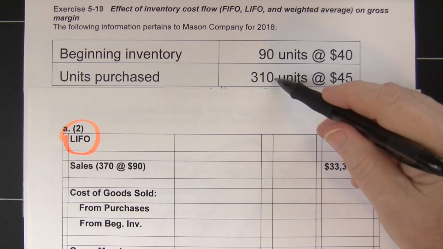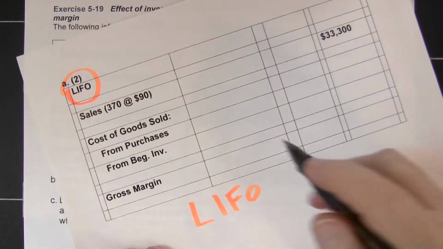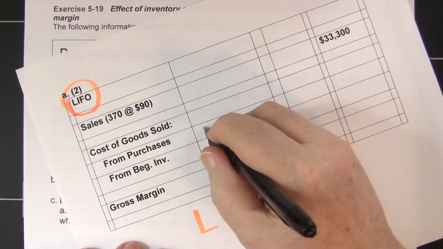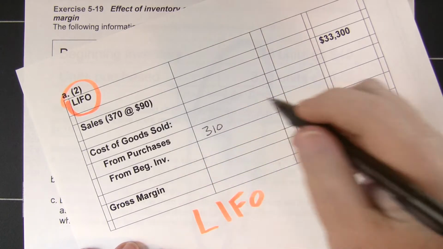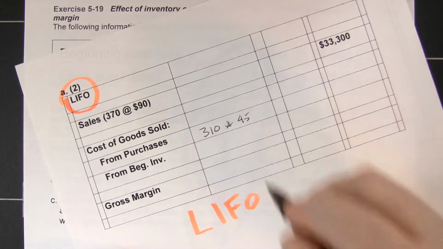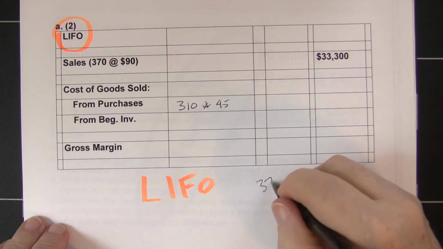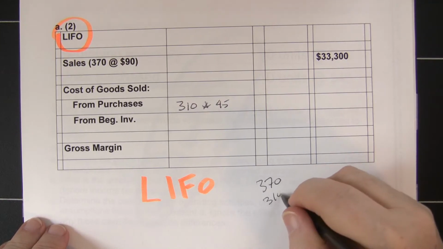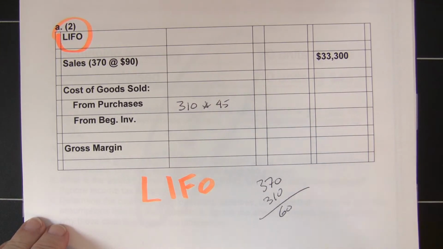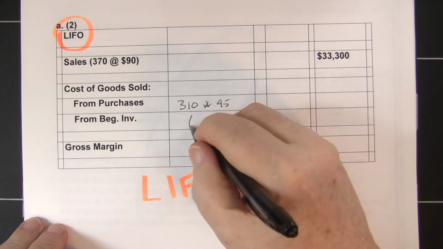So we sold all 310 of those. So we had 310 at $45. And of the 370, we accounted for 310. So we need the price of 60 additional units.